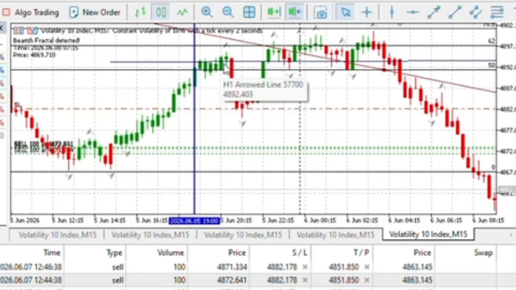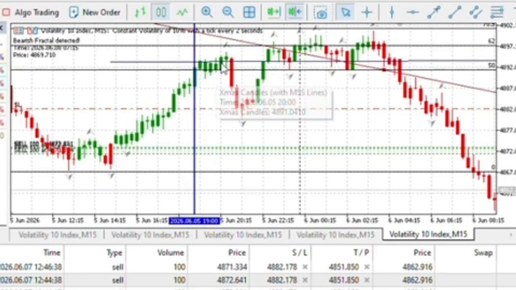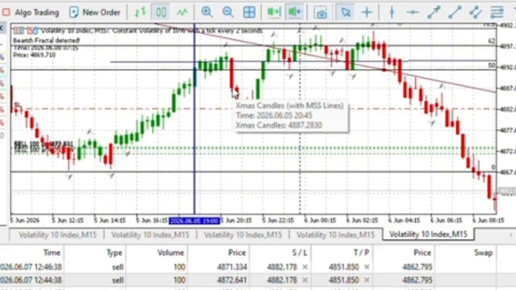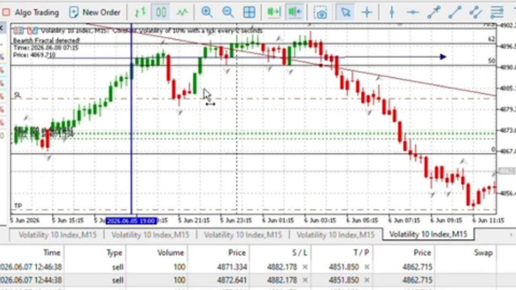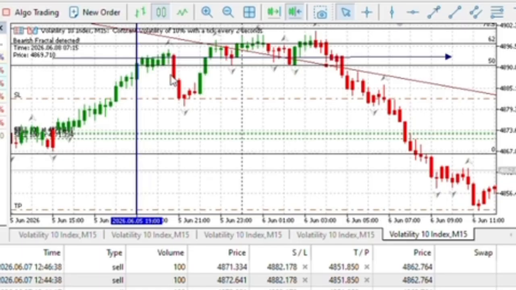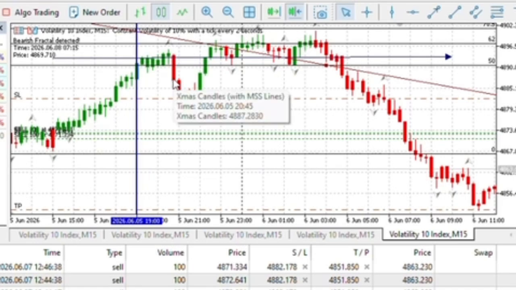So what you're going to do is to wait for the Xmas candle to give you a market structure shift. Okay, and this is where it happened. Now, you can enter this position from here.